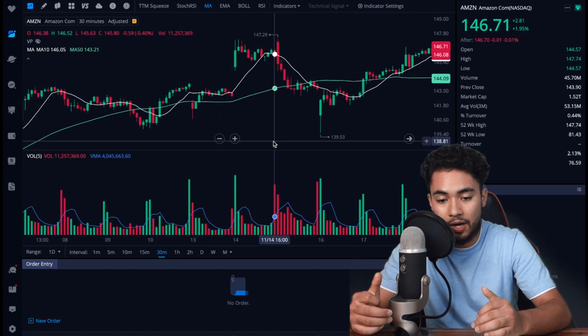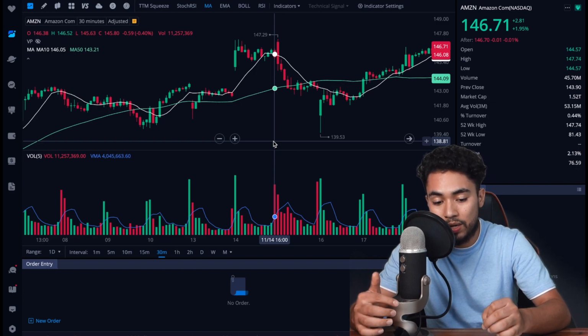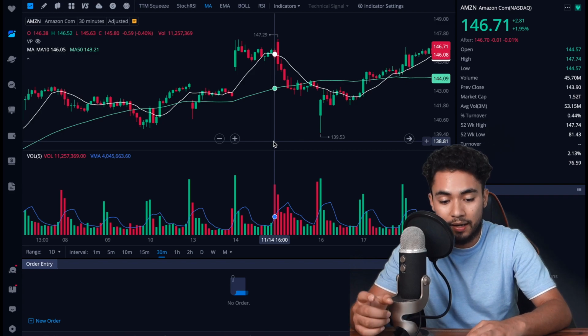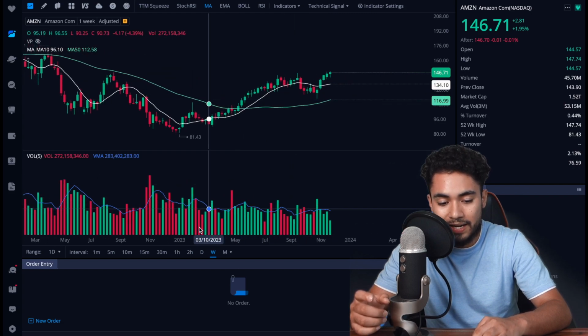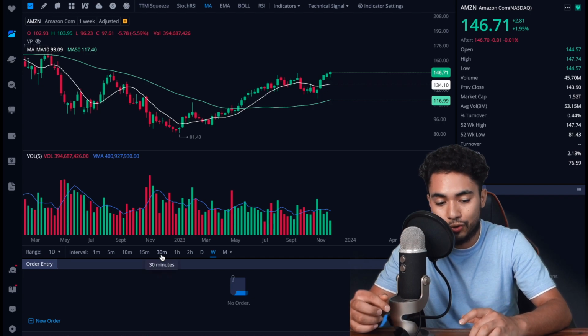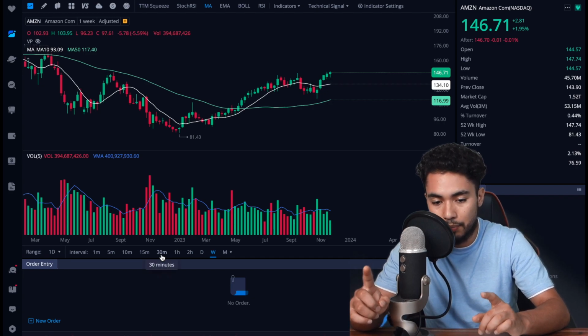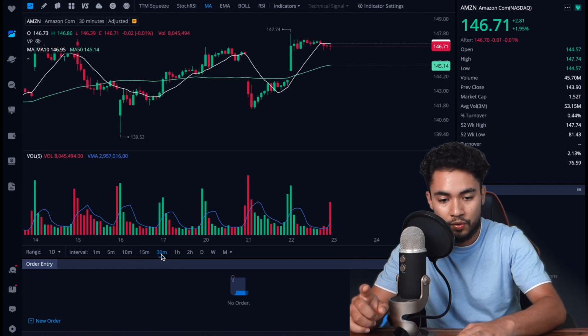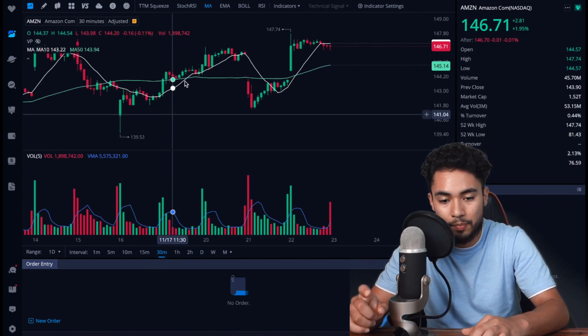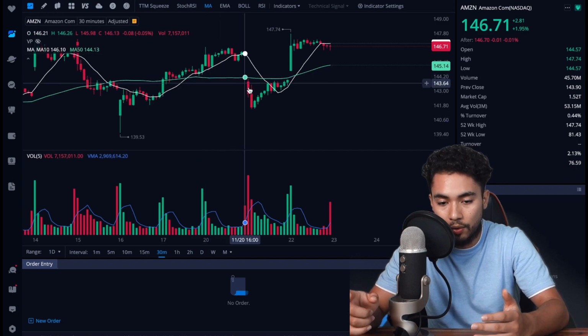If it does the opposite, I look for downside, but knowing that the weekly is to the upside, the trend like we looked at over here, I'm not going to be looking for anything downward that lasts a lot of time, because I know that the overall trend in the weekly chart is bullish because of that cross upward. So I'll be looking for any upward setup on the 30-minute while I hold.